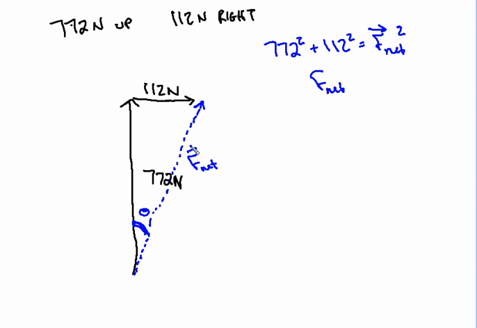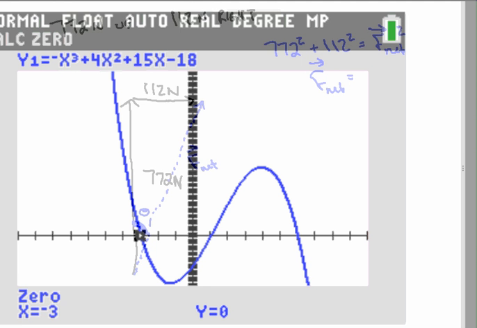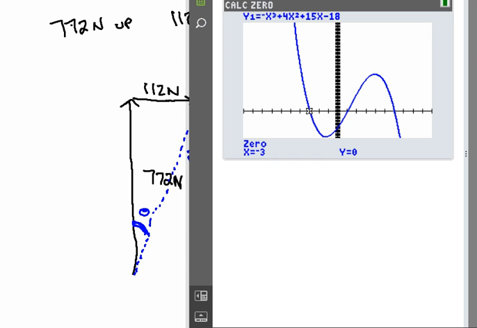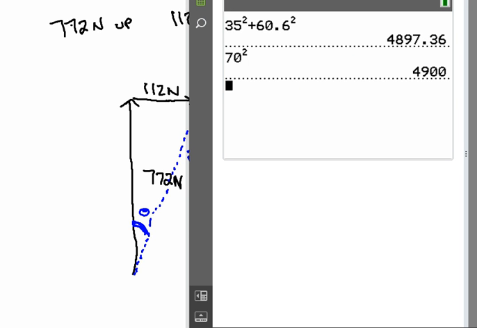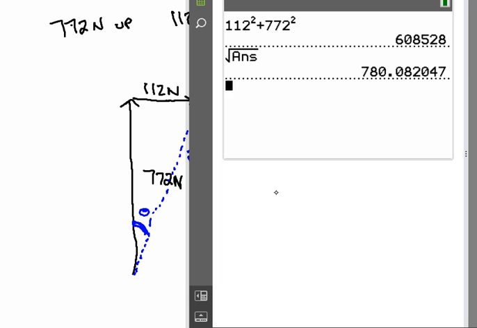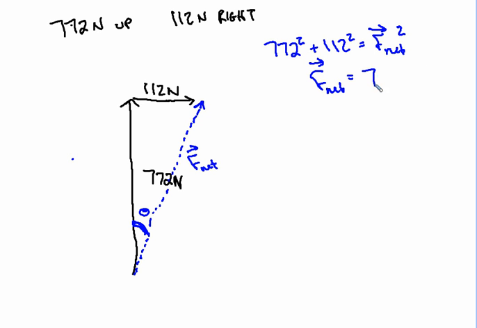Net force is equal to, pull up a calculator here, 112 squared plus 772 squared. Let me take the square root of that number. 780 newtons.